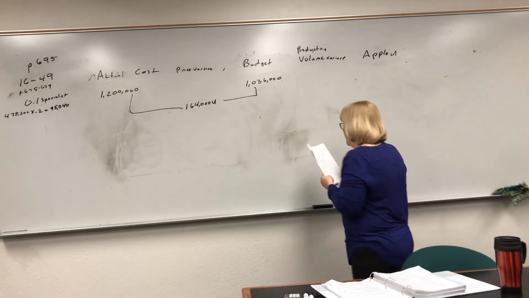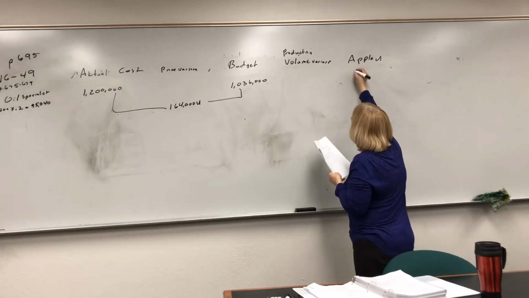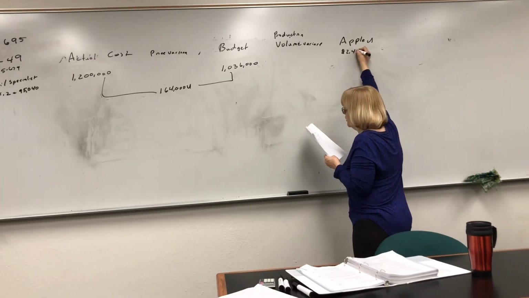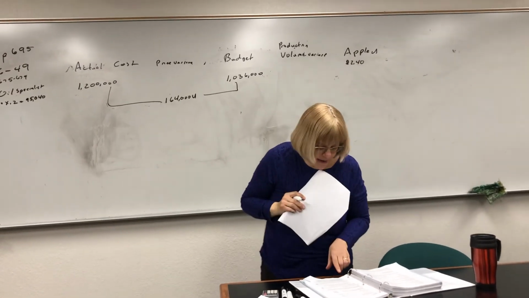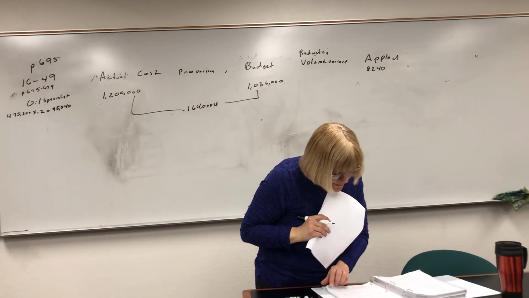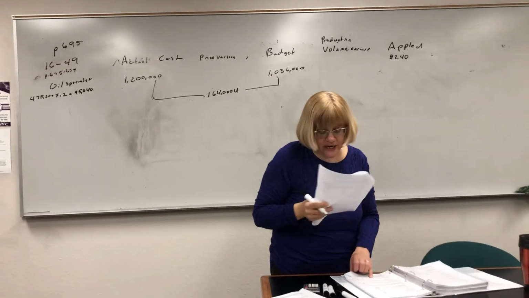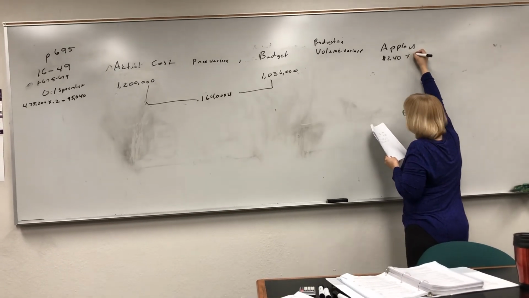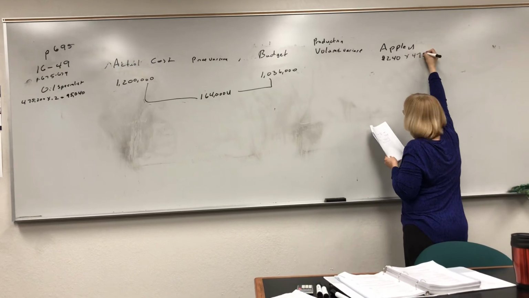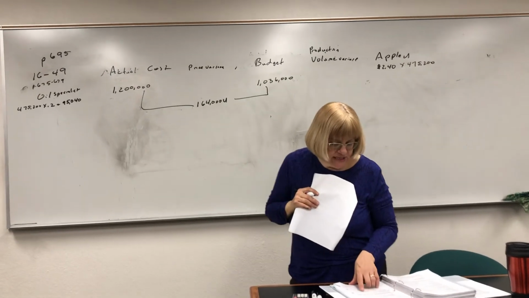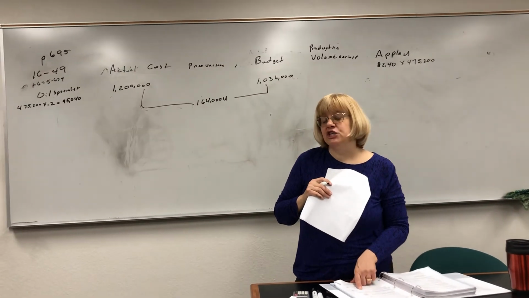Our production volume variance, we applied, it told us it was applied at a rate of 240 per oil change, okay? So we know we did 475,200 oil changes. Now remember, it told us they budgeted for 432.